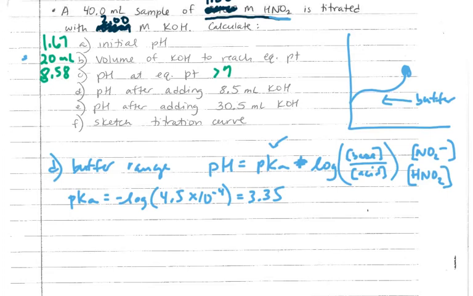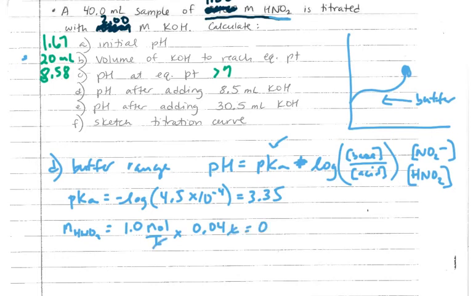So for the concentration of the acid, we need to figure out how much we've neutralized. The total moles of HNO2 that we have initially are the molarity, which is 1.0 moles per liter, times the volume in liters. 40 milliliters is 0.04 liters.